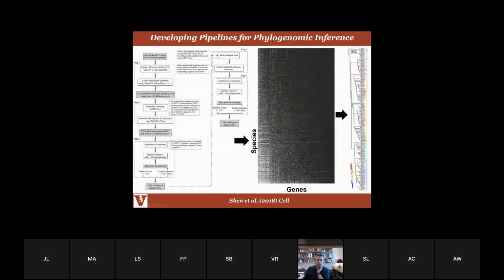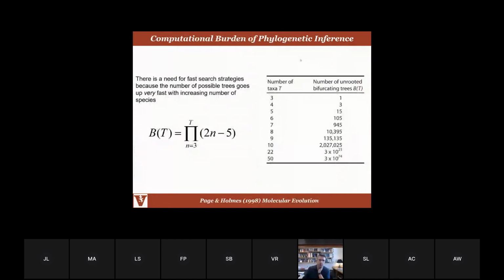This particular data matrix is 2,400 genes and 332 species, and the number of possible trees that you could organize the set of 332 species into is larger than the number of known particles in the universe. So simply put, there is no way we can exhaustively examine every possible tree for this combination of species. We need to come up with heuristic strategies.